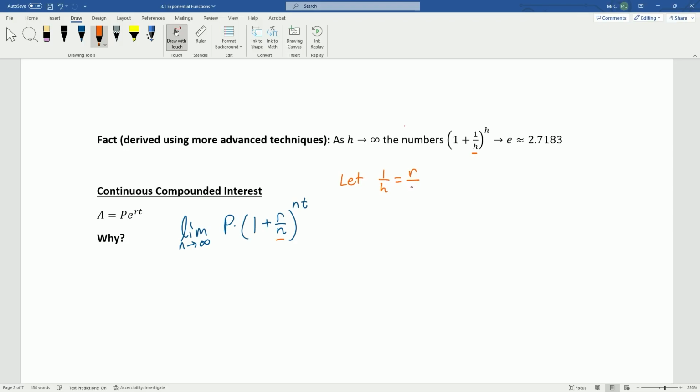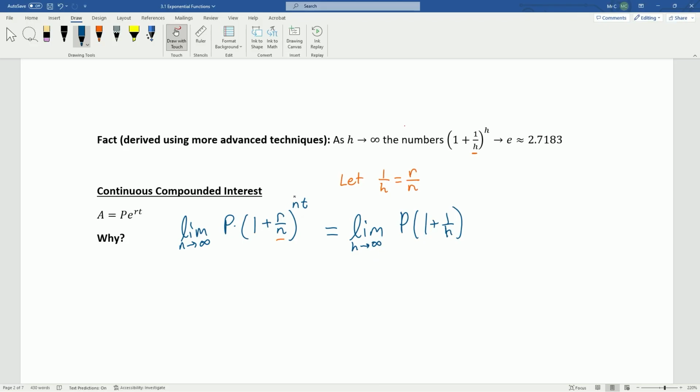We're just going to replace the expression R over N with 1 over H. But first of all, I can't be talking about a limit as n goes to infinity anymore because I've replaced this expression with h. But if n goes to infinity, r over n is approaching 0, and it's going to act the same way as if h was going to infinity, because then 1 over h is going to 0. So we can think of this as a limit as h goes to infinity.